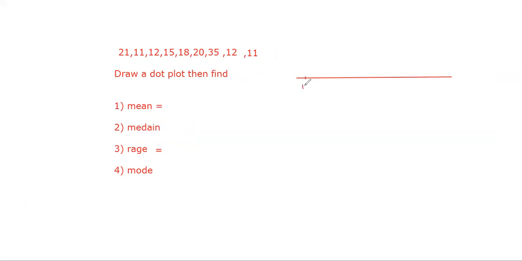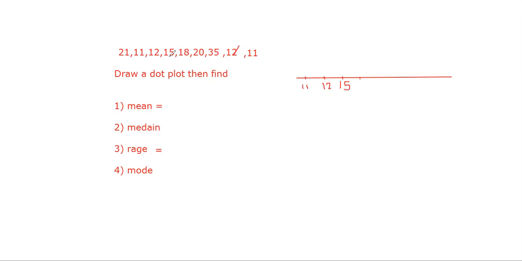So I have 11, and we have what? And we have 12, right? So we can see that we have 12, and we have 11, and we have 15. What else? Okay, Ibrahim, which numbers can you see here?